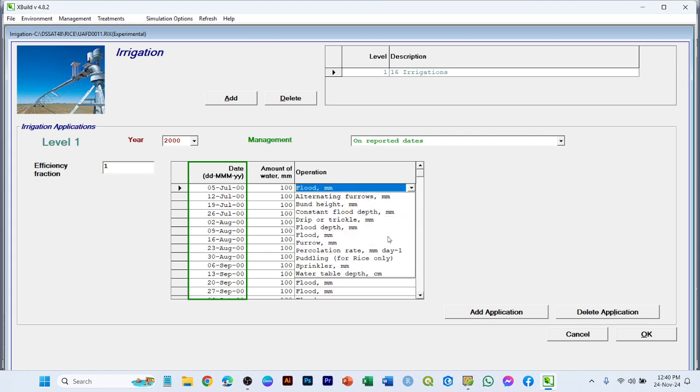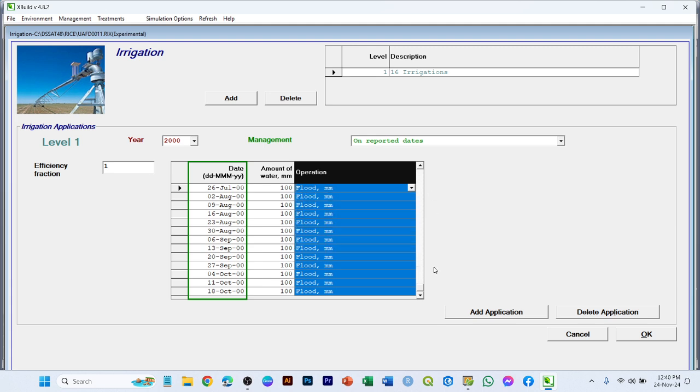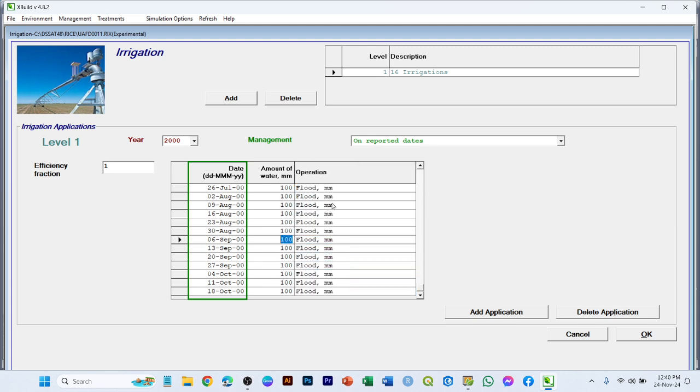Alternative furrows in millimeter, bund height, bund mean the elevated place. Also drip, trickle, flood depth, flood, furrow, percolation, and so on. Puddling is also there. If you are in puddle condition, then simply you have to select the puddling condition over here.